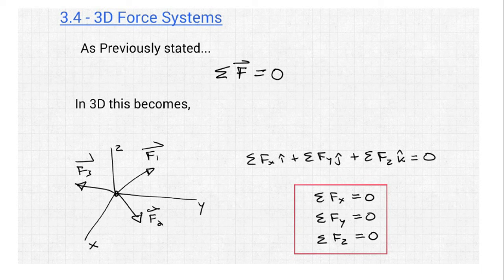Then sigma Fz: sigma F1z k plus sigma F2z k plus sigma F3z k equal to 0. Then you solve your system by individually taking the summation of all the forces: sigma Fx i equal to 0, plus sigma Fy j equal to 0, plus sigma Fz k equal to 0. You will see it's a bit tricky, but when we come to the numericals, this will simplify how we apply this system.